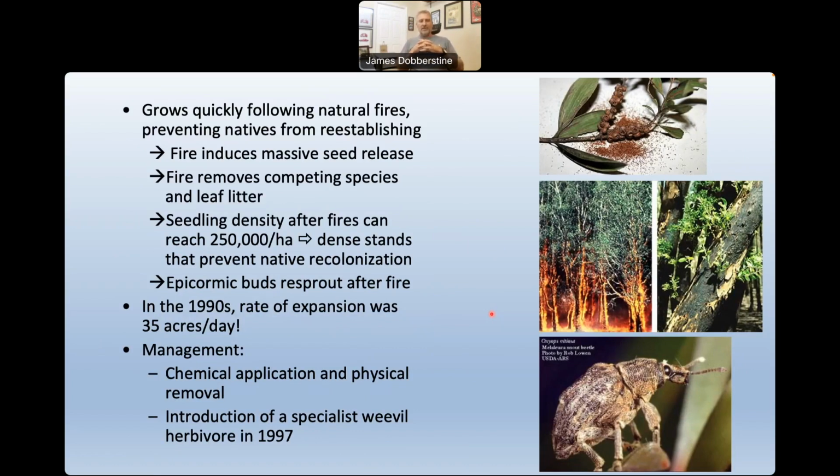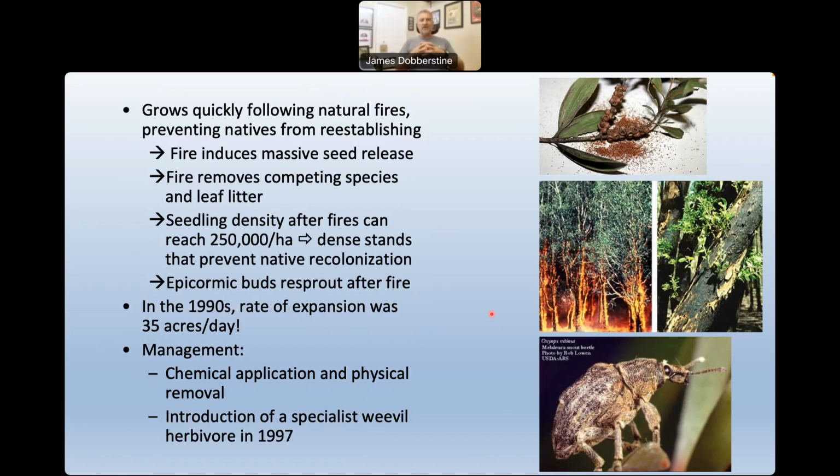Fire induces a really massive release of seeds, and in turn, it removes competing species and also removes the leaf litter, which only helps the seeds being dropped by these trees. So the seed density after a fire can reach as much as 250,000 per hectare.